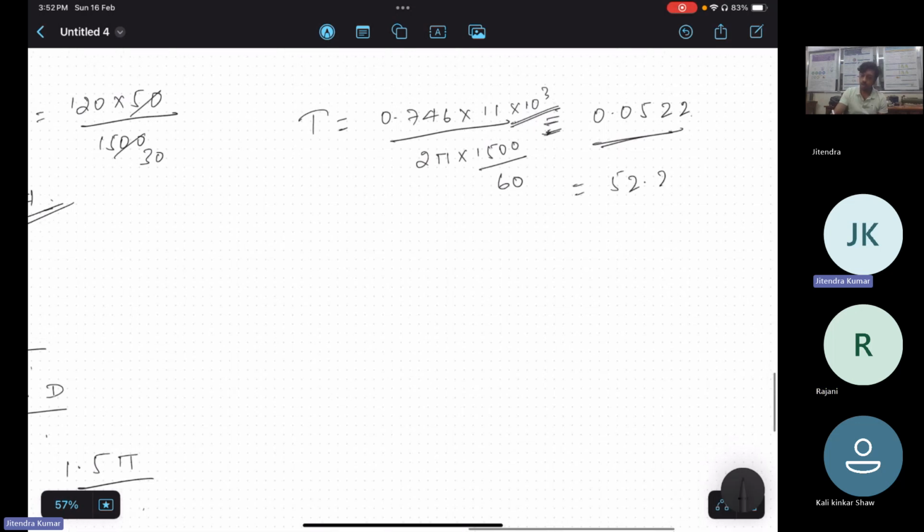So 52.2 Newton meter is the torque of the machine.